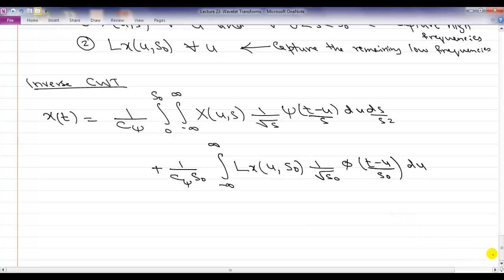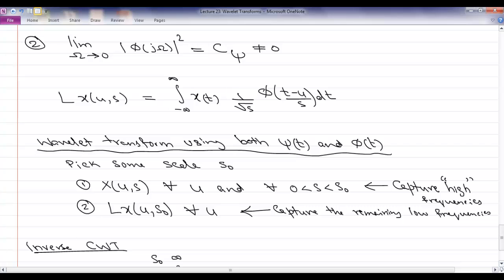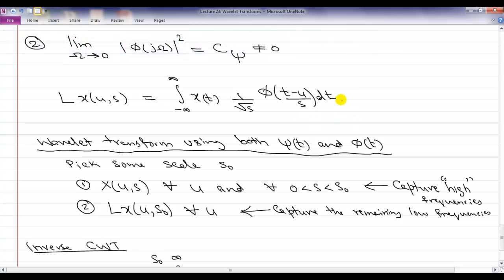Now, we have already talked about the case of the wavelet coefficients being given by the filtering operation. We are filtering with a band pass filter. I just want to show that this is also the same thing.